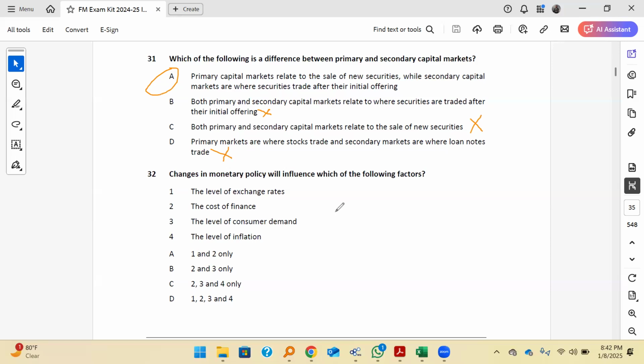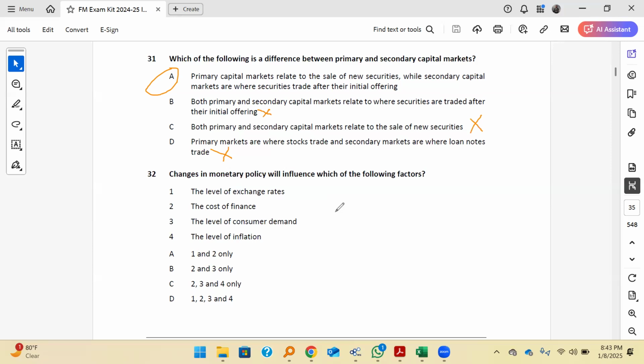Then we have that changes in monetary policy will influence which of the following factors. So again, we are expecting that by now you have realized what monetary policy is going to do. And remember, fiscal policy has to do with taxation and government spending.